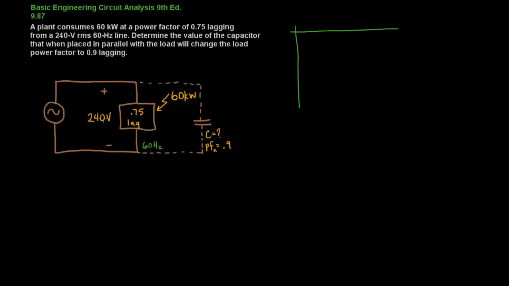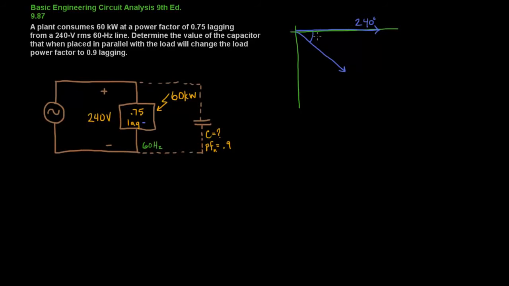And we're not given an angle for the voltage, but we're going to choose the angle of the voltage. The voltage is our reference here, so it's going to be 0. And the current is lagging. So that means the current lags the voltage. And there isn't really too much that we need to do with this triangle.